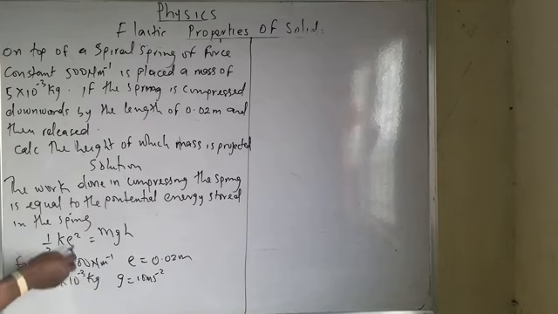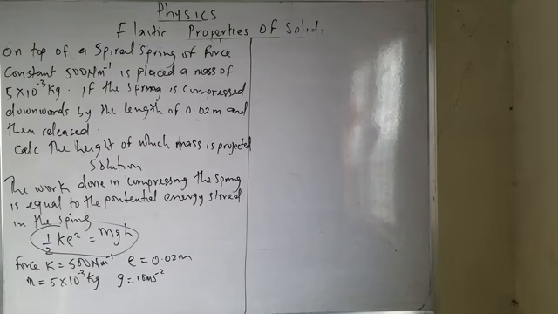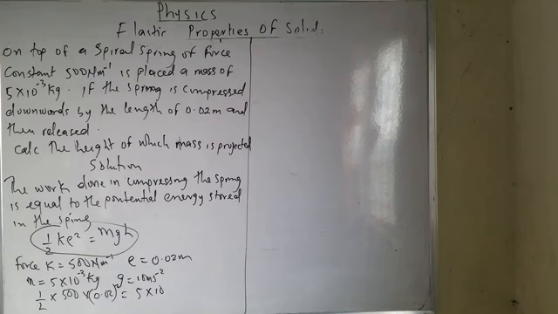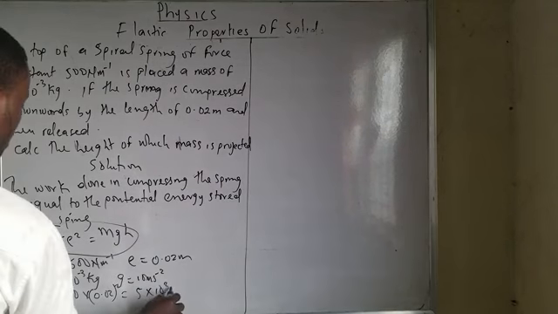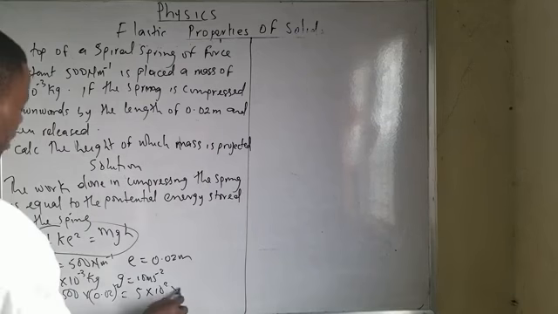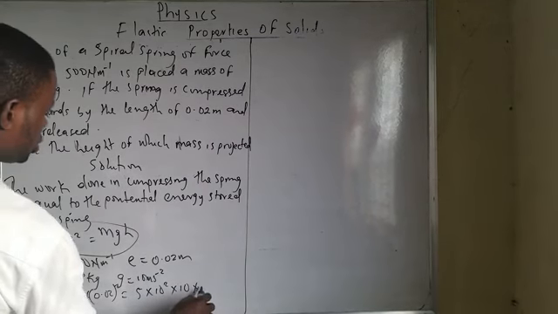I can now apply what I have here: 1 over 2 multiplied by 500 multiplied by 0.02 squared equals 5 multiplied by 10 squared multiplied by 10 multiplied by h.